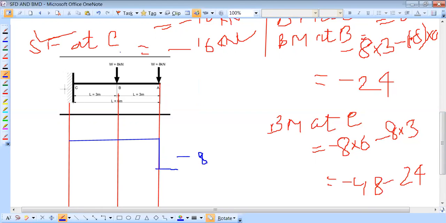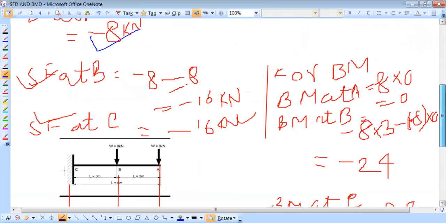Then what is the value of SF at B? We already found SF at B is equal to -16.